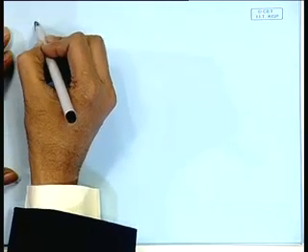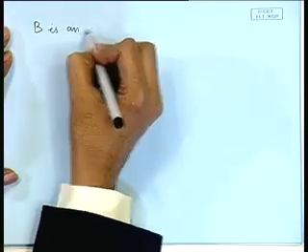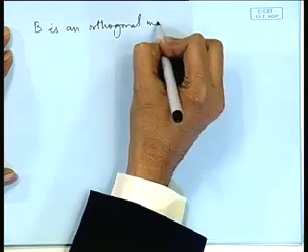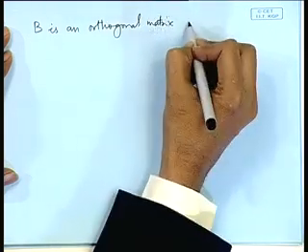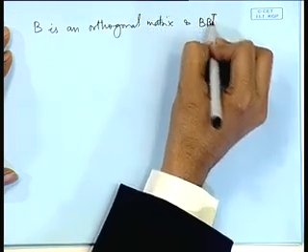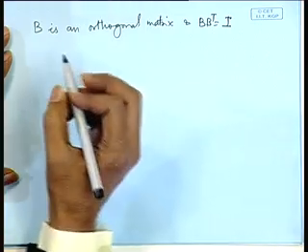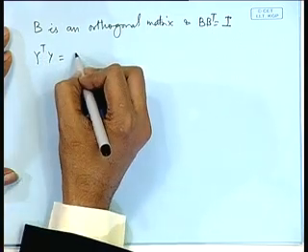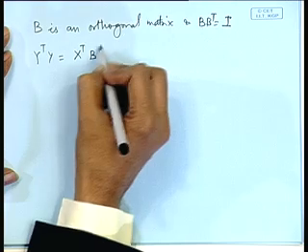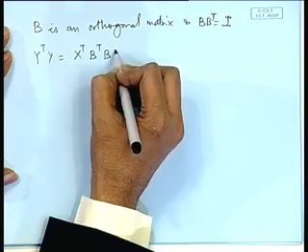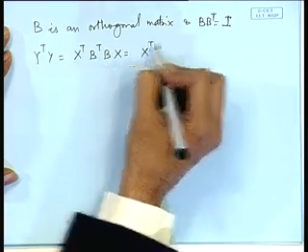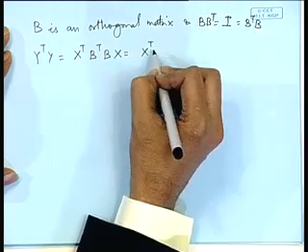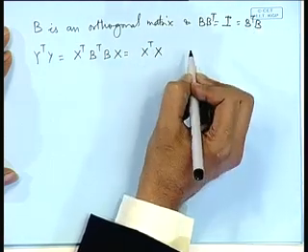So, B is an orthogonal matrix, and we have B transpose B equal to the identity matrix. So, if I consider y transpose y, that is equal to x transpose B transpose B x, that is equal to x transpose x.